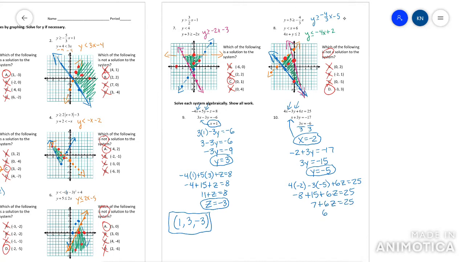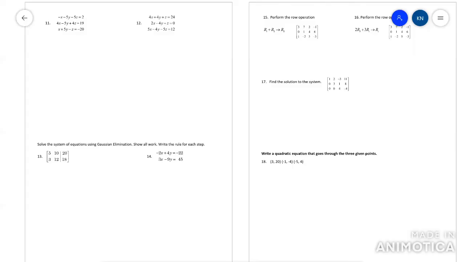Subtract 7. Divide by 6. Once I know all my letters, I write them as an x, y, z coordinate. Just like that. Okay, 2 more pages to go.